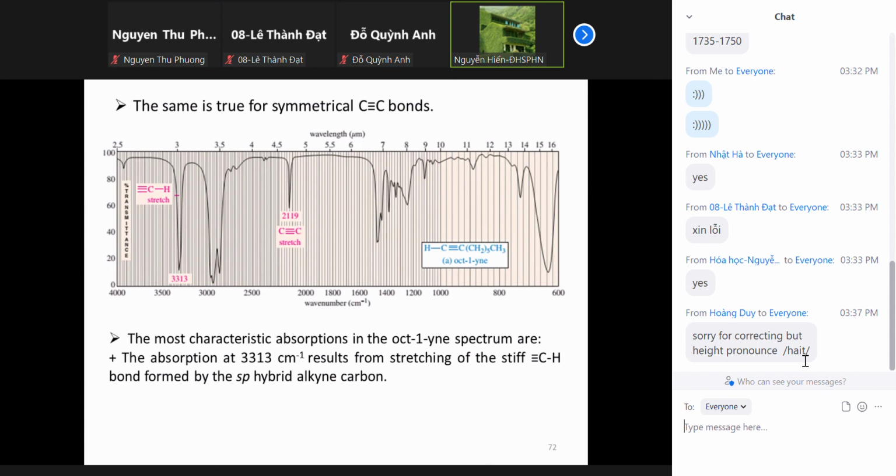It corresponds to the absorption wave number of the C sp H at the terminal of the alkyne. And the second is also sharp and weak, at about 2,120. The first one, this one, is quite strong. And the second is for the CC triple bond.